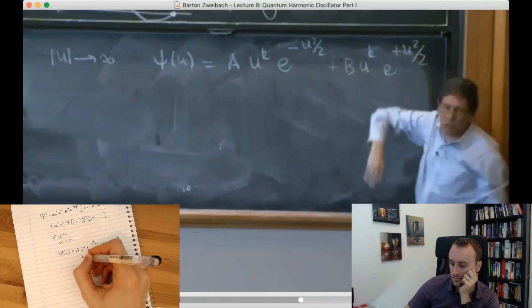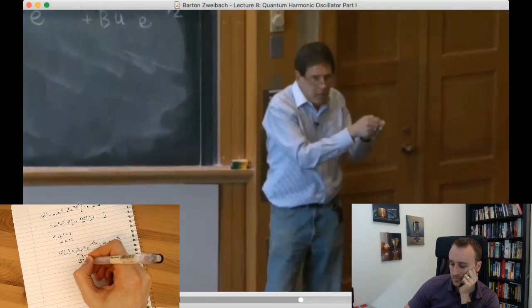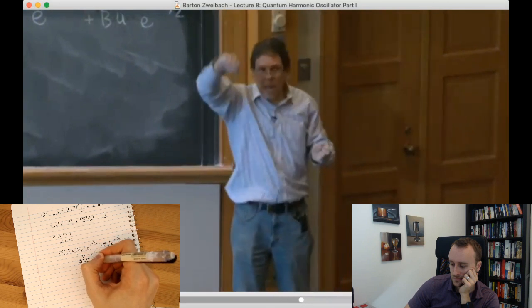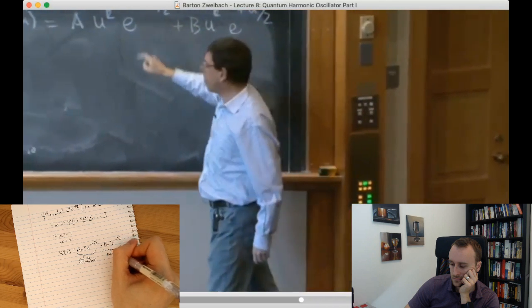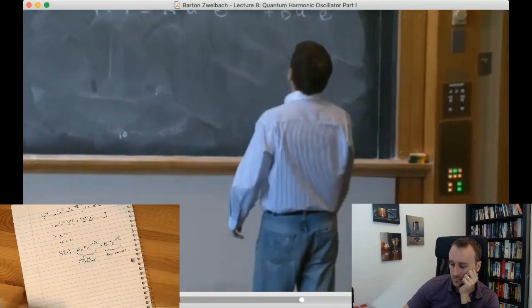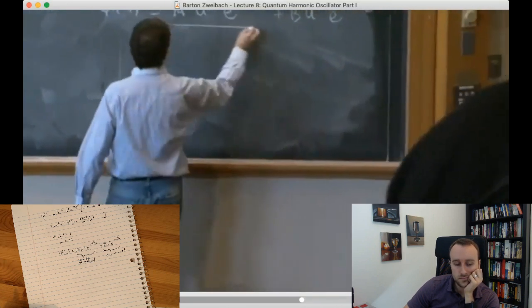The Gaussian falls so fast that any power, however big, doesn't grow big enough to compensate the Gaussian. It's impossible to compensate the Gaussian. So we hope for this.